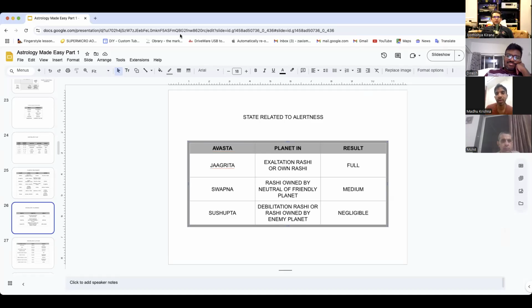Whatever you do in Swapna avastha will not give great translation in your physical existence. That is one of the qualities of that graha, that's it. It may give you great dreams, but may not give you any good results.